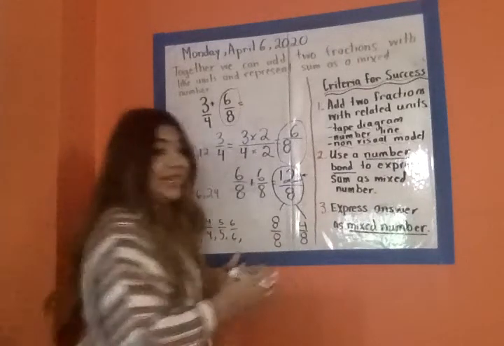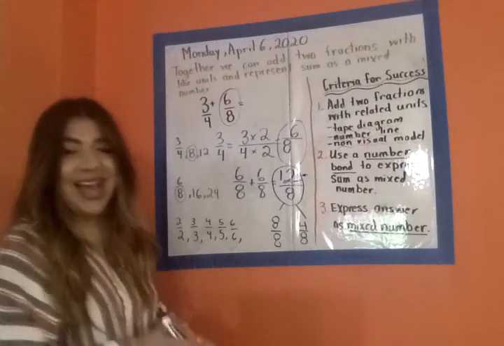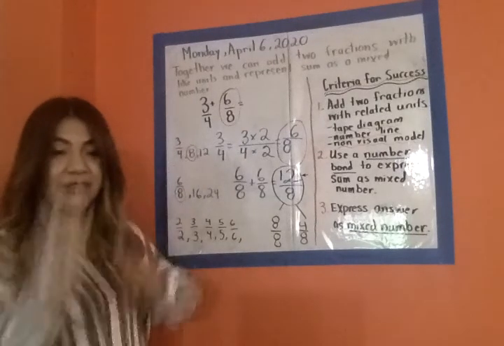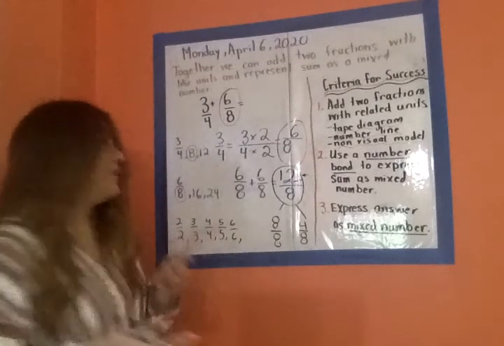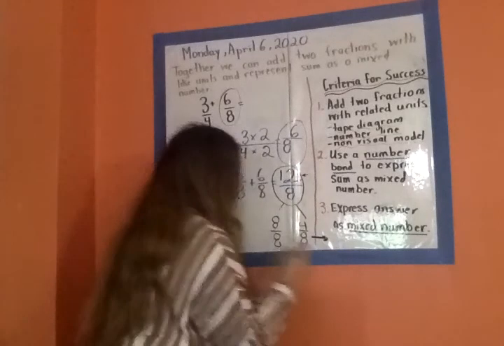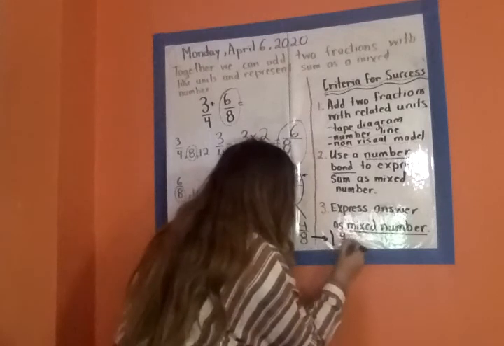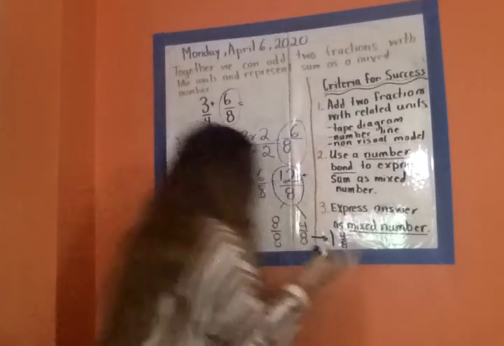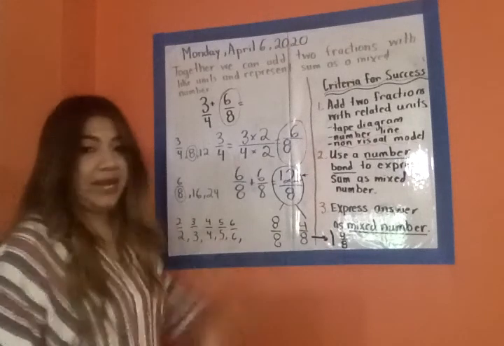Mixed number, part of our definitions this morning, means any wholes with fractions to get a better understanding of the quantity of something. So 8/8 becomes 1 whole, and 4/8 becomes what remains to the whole. So it's 1 and 4/8.